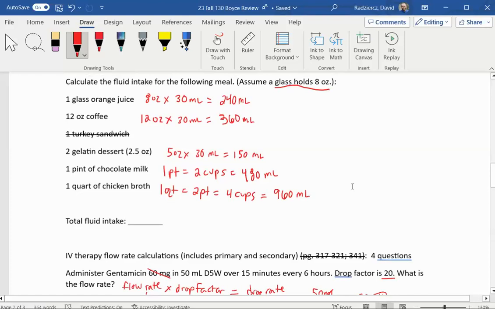So 240 plus 360 plus 150 plus 480 plus 960. And we get 2,190 milliliters. Now, here's where I'm not 100% certain on this.